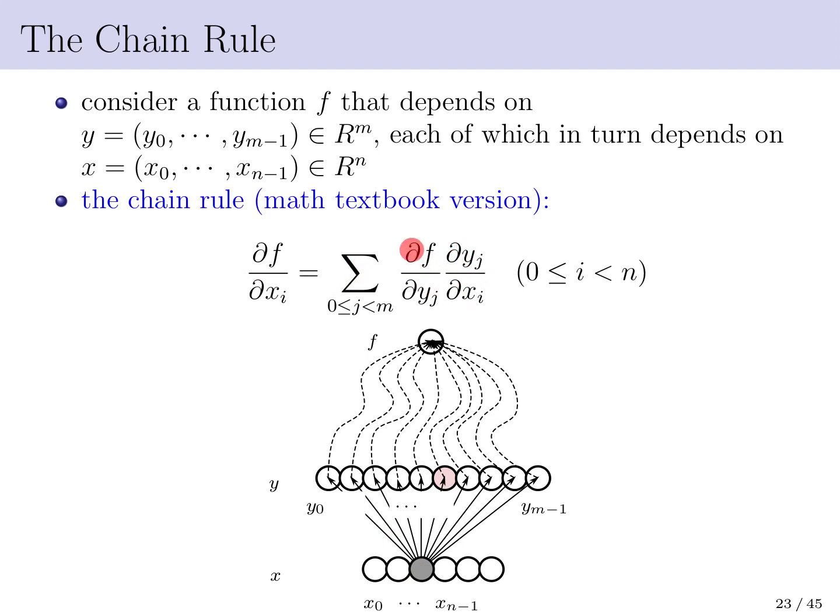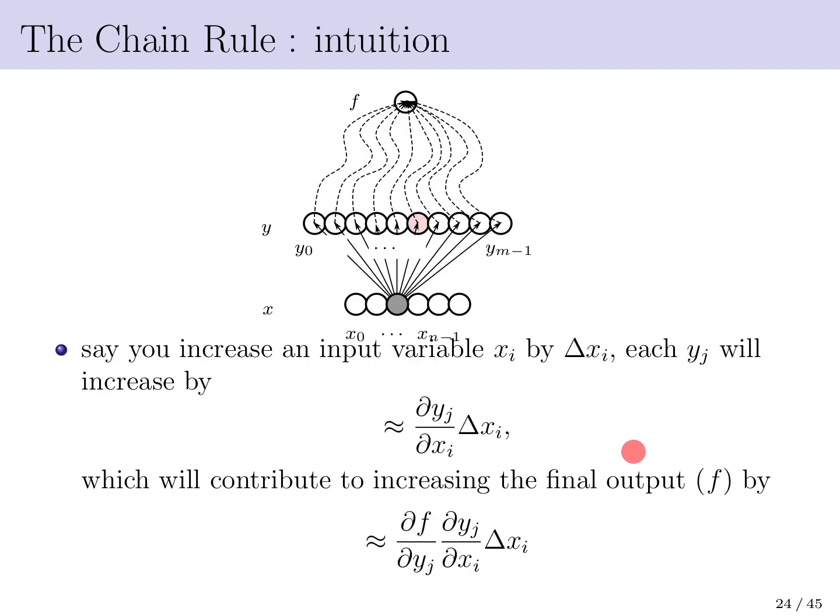Each term is the gradient of f with respect to an element of y here, yj, multiplied by the gradient of that y variable with respect to the input variable xi. So you sum up all these terms over all the y variables. This is the intuition behind this seemingly complex chain rule.